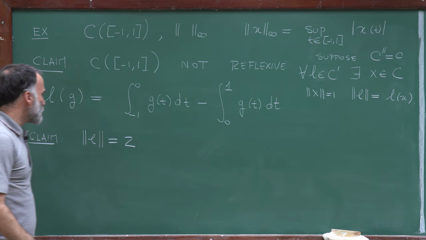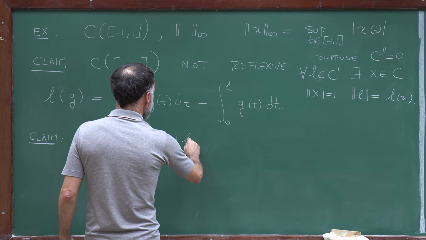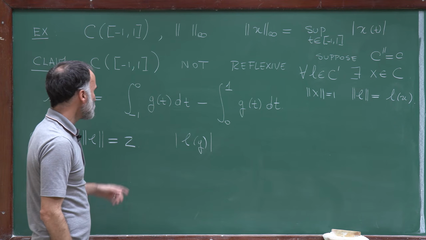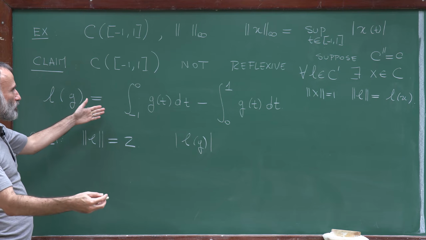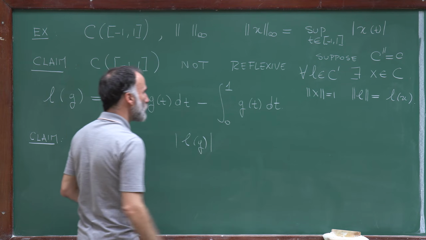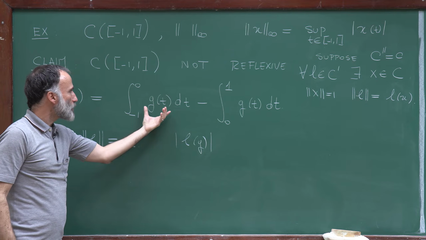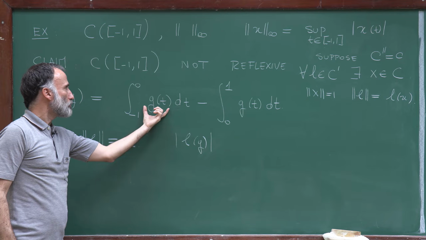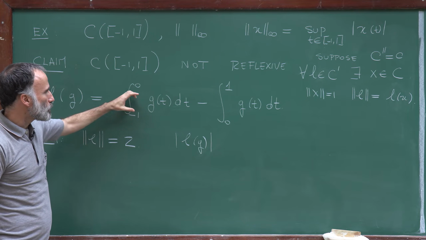On the one hand, if you want to estimate Lg, the absolute value is bounded by the sum of the two absolute values, and each integral is bounded by the L infinity norm of g times the size of the interval, which is 1.